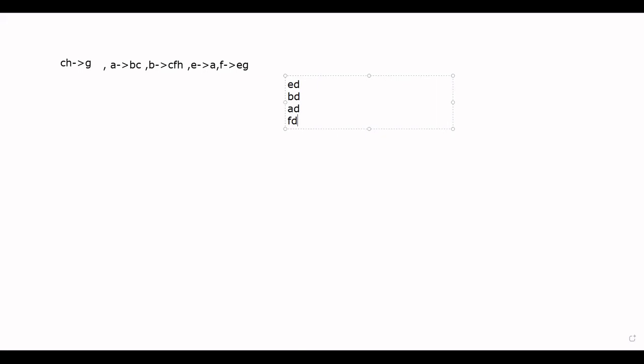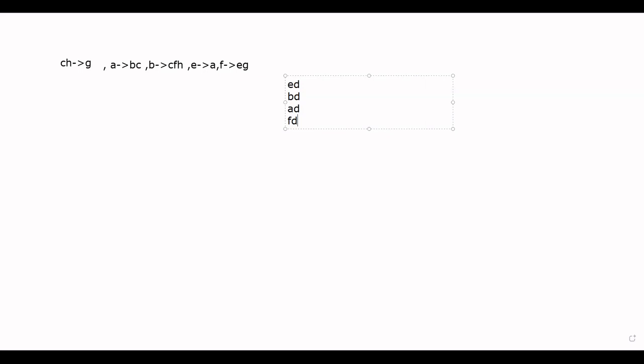Okay, now BD. If I find the closure of BD, first of all we write BD as it is. And from here, I get CFH. Then from H, I can get EG. EG is what I know. How is BD the candidate key?